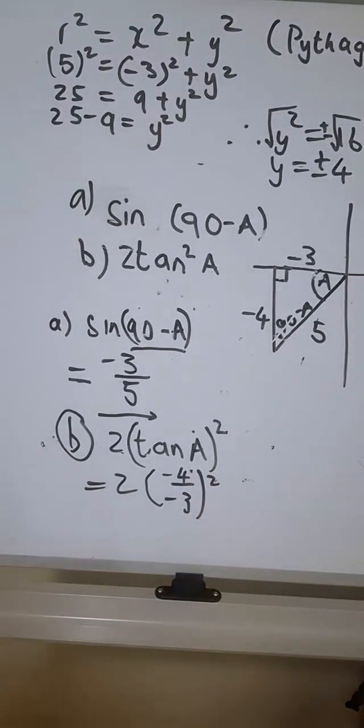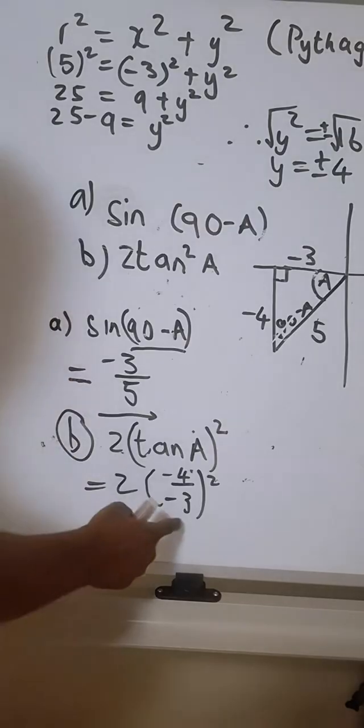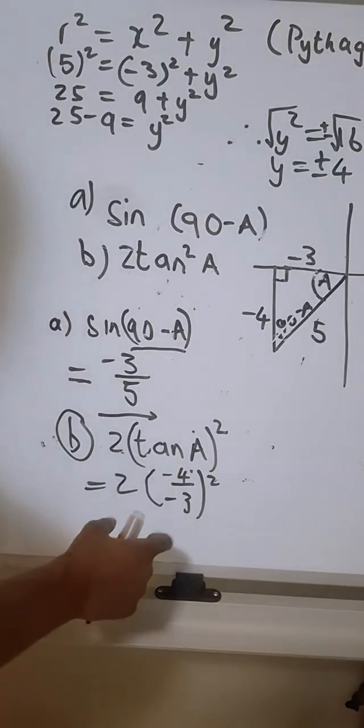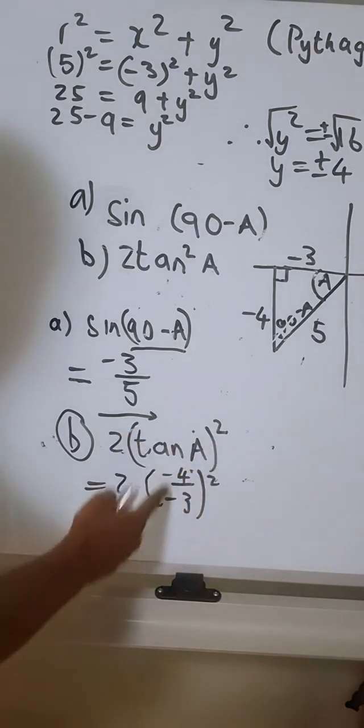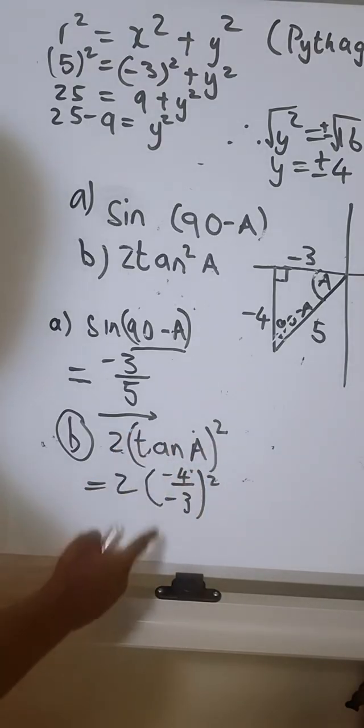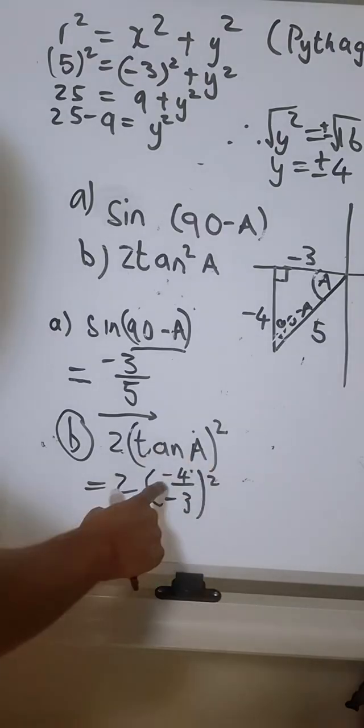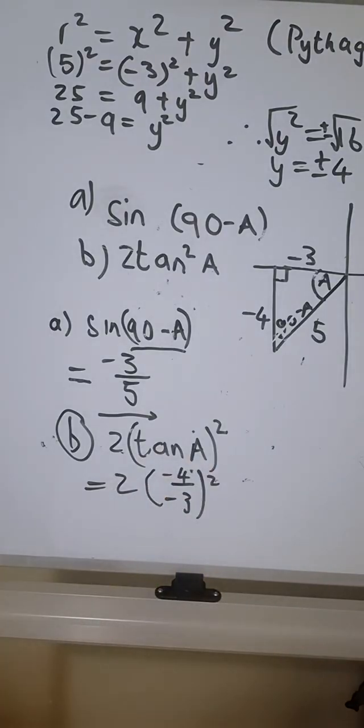Then you apply the square. The ratio negative 4 over negative 3 completely replaces tan of A.